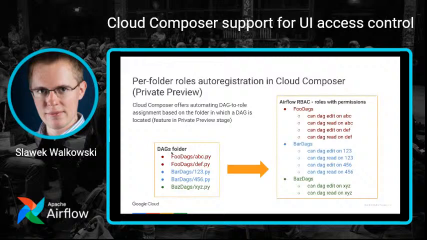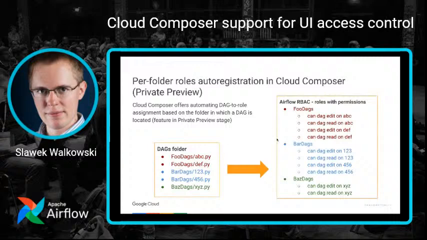For example, if we have DAGs in the subfolders of the main DAGs folder, then we can assume that those are groups of DAGs that should be associated with different roles. The following structure of the DAGs folder is automatically translated to the following structure of roles and assigned permissions in the Airflow RBAC table.